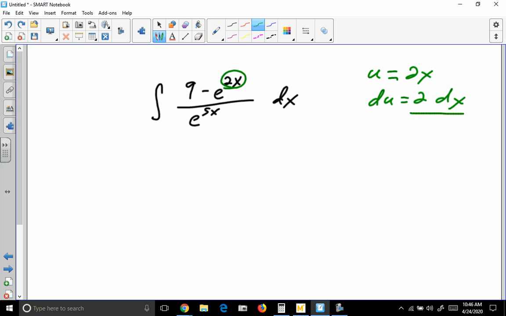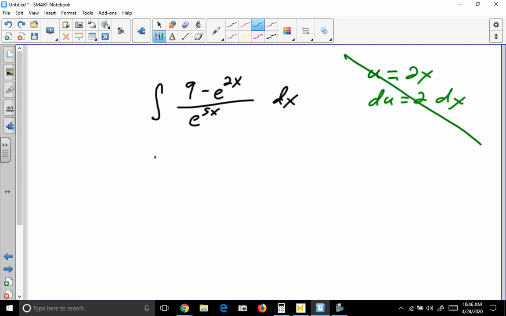Du would need to be just 2 dx. Well, all of this stuff is not just 2 dx. So that creates a problem. The same thing would happen if we pick this to be u. We would get a 5 dx. Well, that would be e to the u, but that is not 5 dx.